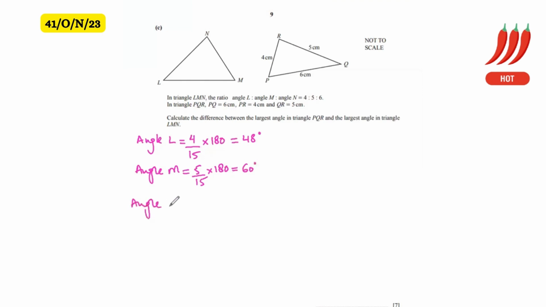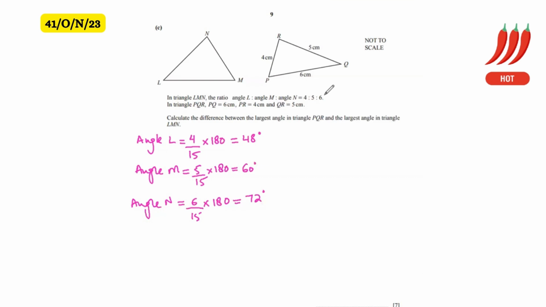And lastly, angle N is going to be 6 over 15 times 180, which is going to give us 72 degrees. These are the measurements of angle LMN using the given ratio, based on the concept that the sum of angles in a triangle equal to 180 degrees.